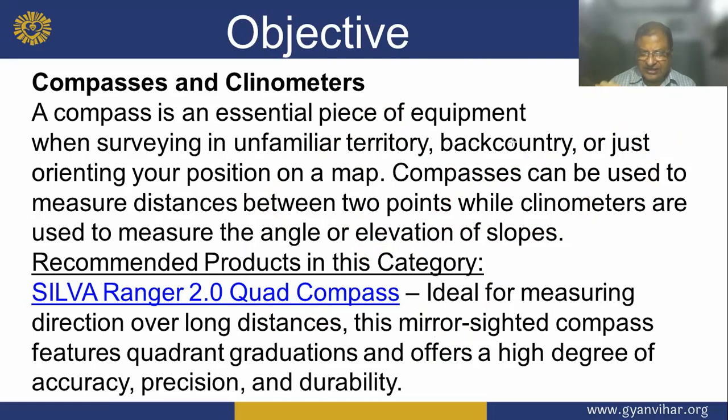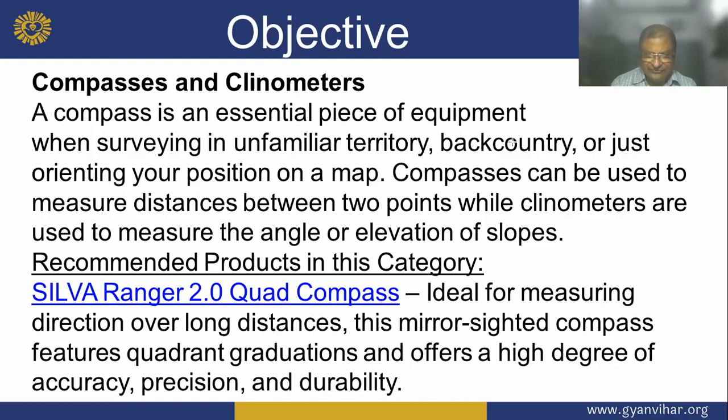A compass can be used to measure direction between 2 points, while clinometers are used to measure the angle of elevation of a slope. Now, recommended products in the category. Now we will discuss which instrument can measure in the air also.